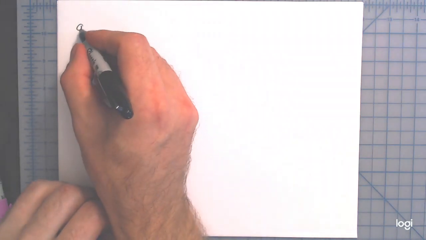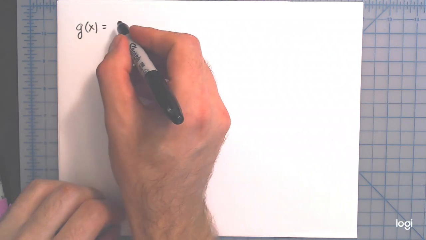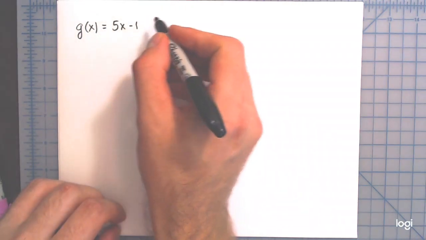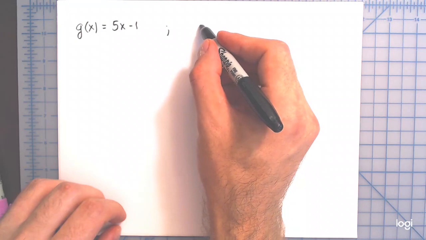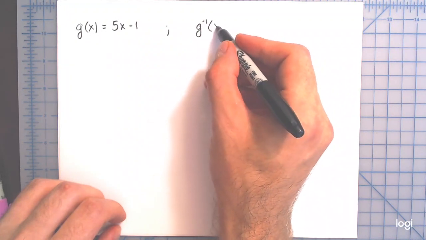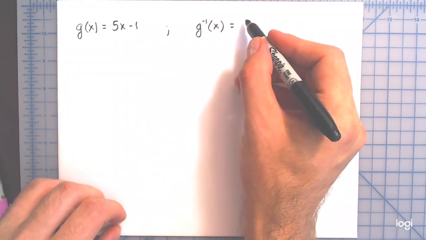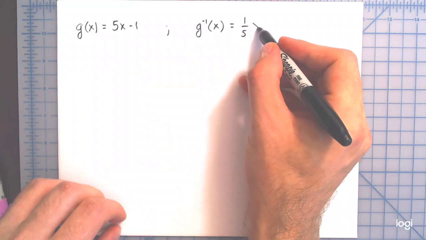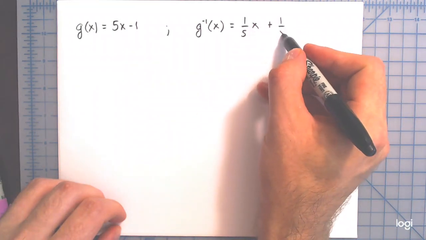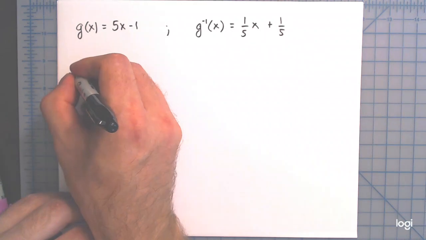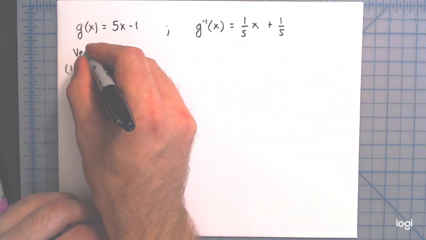Do those two, when I compose them, leave me with just the input I started with? Am I left with just x? All right, so we had g of x equal to 5x minus 1, and g inverse, well, maybe, we have to see if it's the inverse for real, equals 1/5 x plus 1/5. All right, so let's verify that they are inverses.